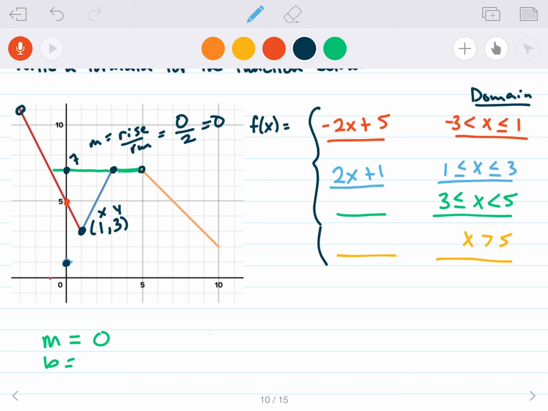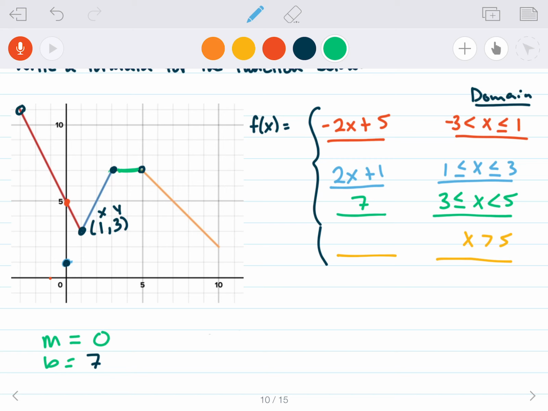That happens at 7. So that is my y-intercept here. Alright, so my equation is y equals 0x plus 7, but the 0x is just 0, so really we can just write 7. 0 times x is 0.